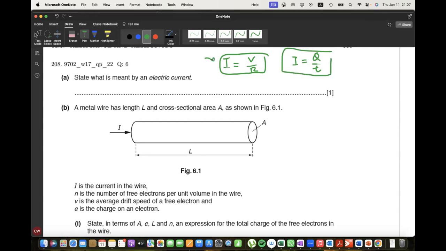The other one is Ohm's law. We use Ohm's law to define resistance only. If you ask for resistance, then you can say it's volt per ampere, something like that. Ratio of V over R. This one only applies for resistance. When we're talking about current, always the second one. Rate of flow of charge.